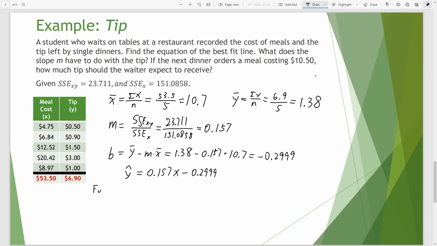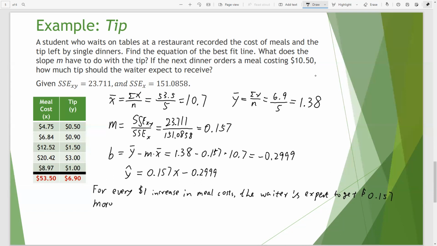So that means for every $1 increase in meal costs, the waiter is expected to get more tips.